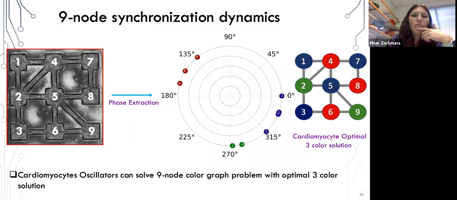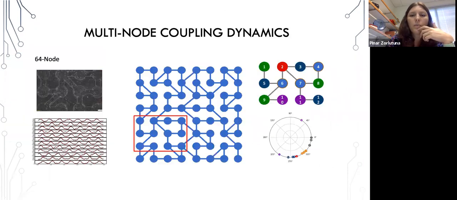We were able to use the imaging method for analyzing the network dynamics. And we solved the 9-node problem after the 3-node problem was successfully solved. So three colors is the optimal solution for a 9-node network with this kind of connectivity, and our phase ordering showed that the graph is solved optimally.